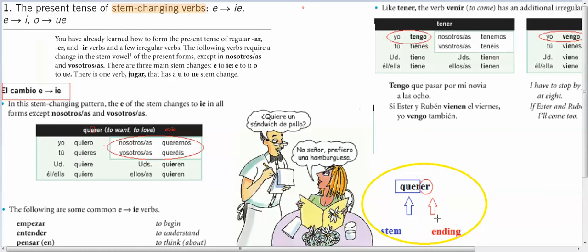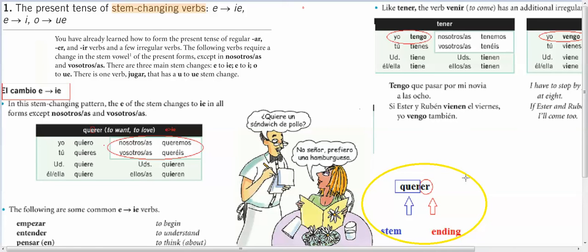There's two parts to your verb: the stem and the ending. If you remember from conjugating regular present tense verbs, something you did in level 1, you take the ending off when you want to conjugate a verb, and then you add the new ending.